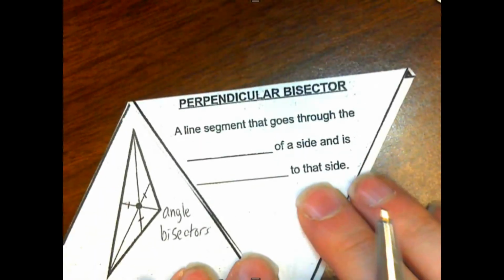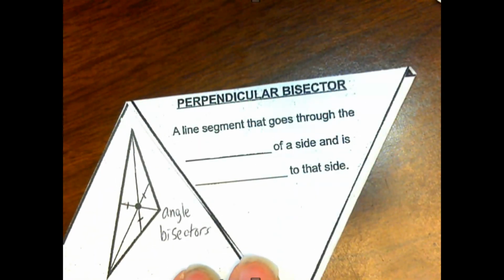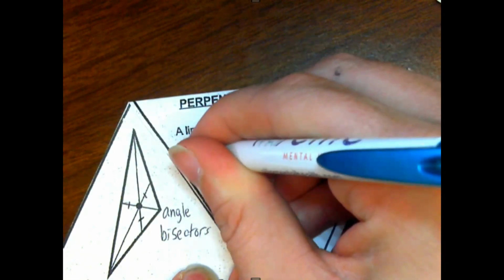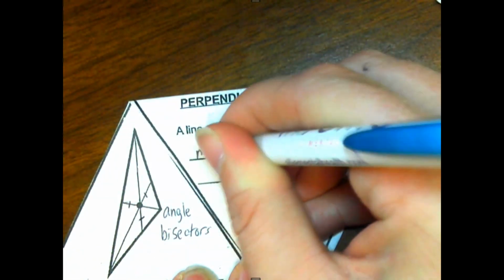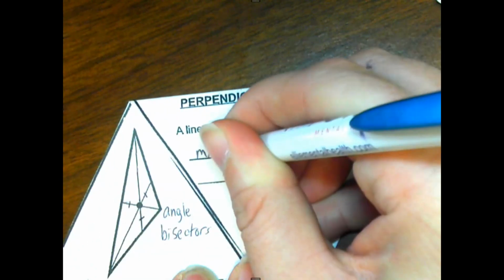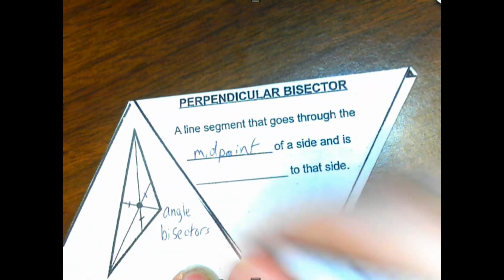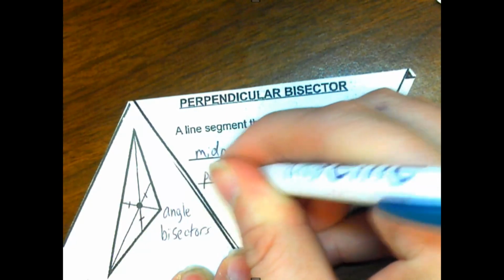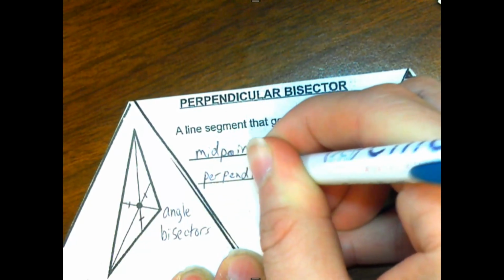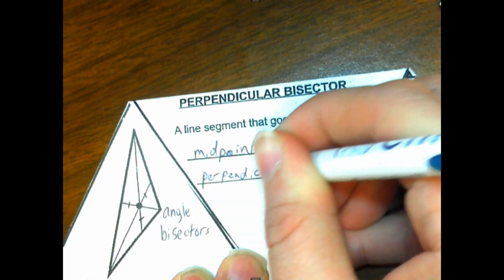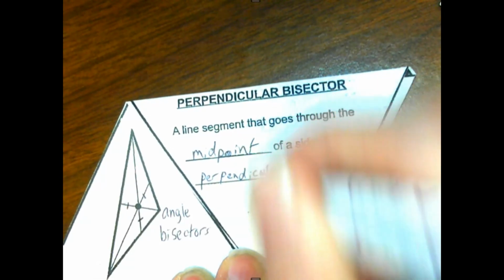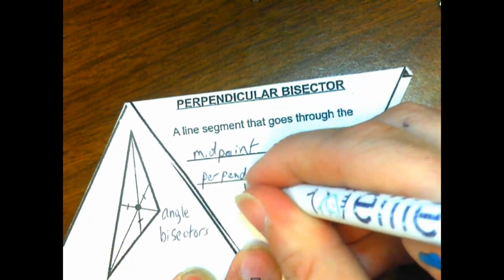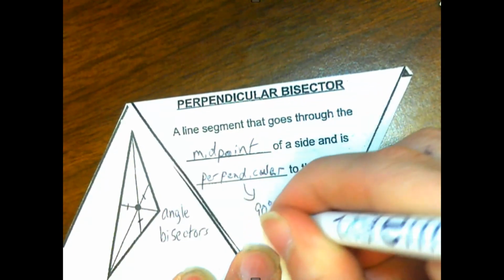Next, perpendicular bisectors. A perpendicular bisector is a line segment that goes through the midpoint of a side and is perpendicular to that side. Remember that perpendicular means that it meets it at a 90-degree angle.